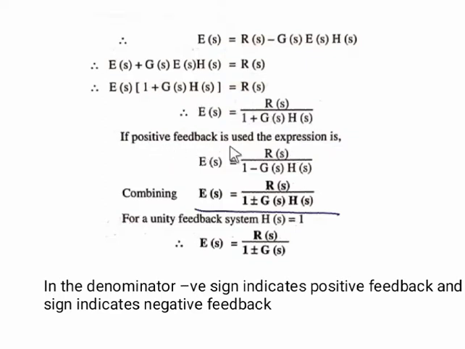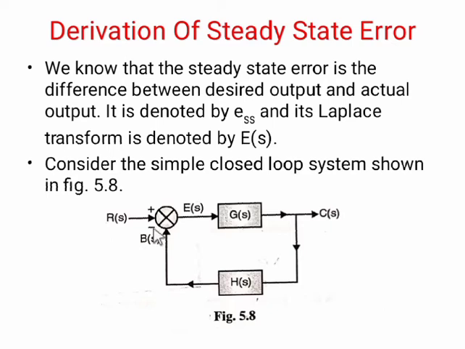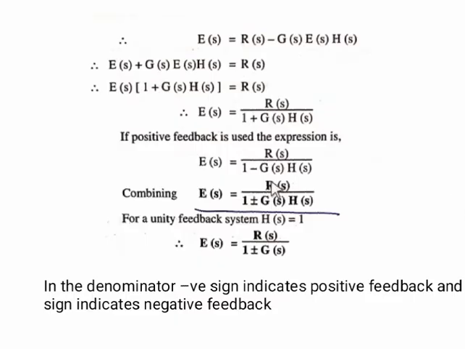This is for negative feedback. If we use positive feedback, B(s) is connected to the positive of the comparator. So in this case, the equation becomes E(s) equals R(s) divided by 1 minus G(s) H(s). So this is for negative feedback and this is for positive feedback.